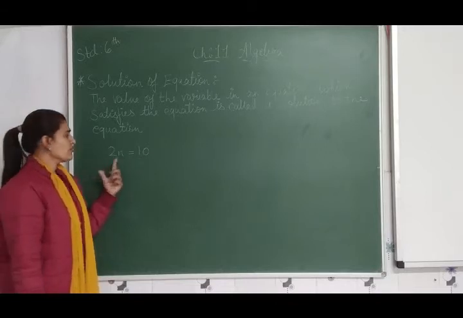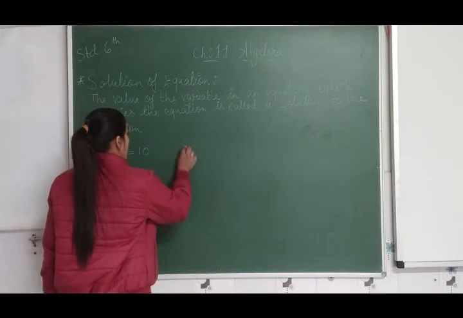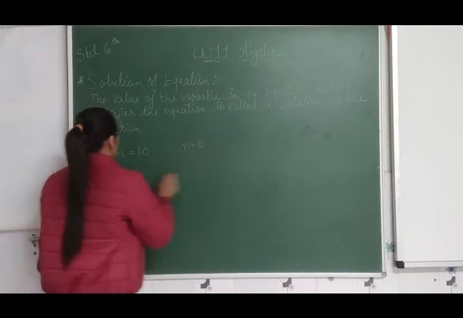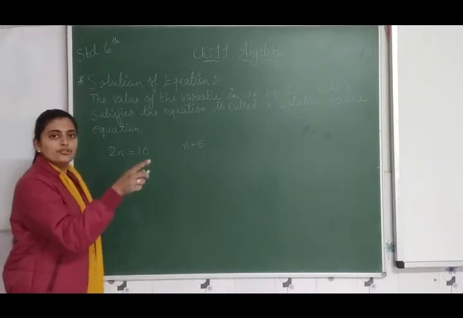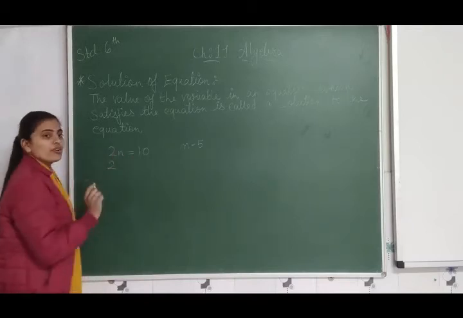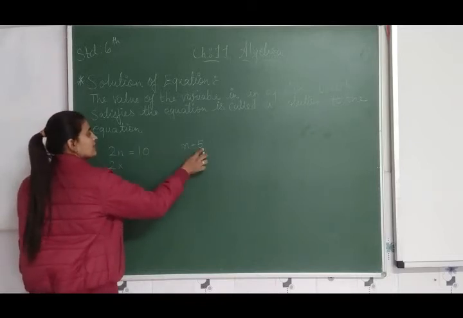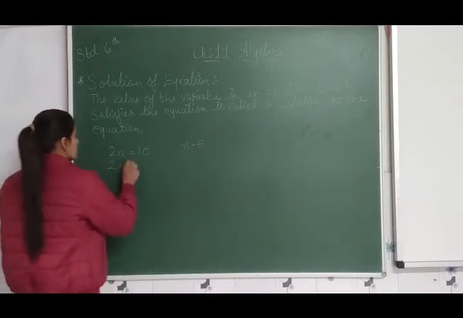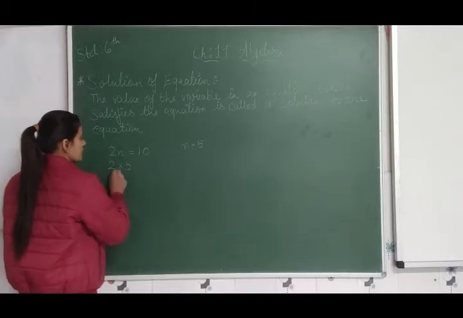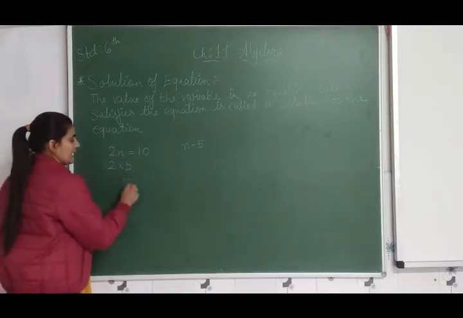Now suppose I put n equal to 5. Instead of n I will put 5, so 2n means multiplication form, 2 multiplied by 5. What will I get? I will get 10 as the answer.